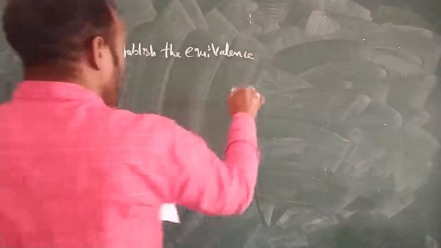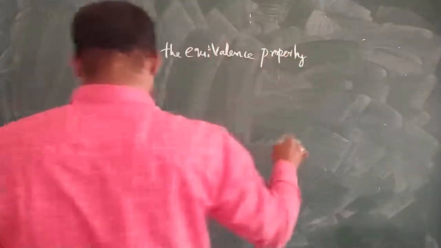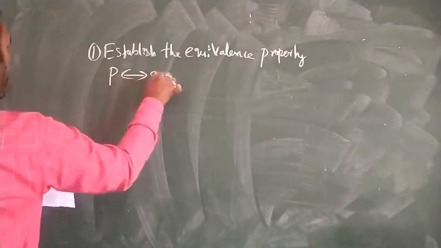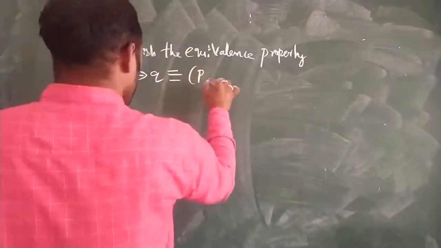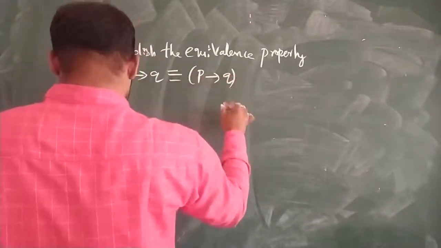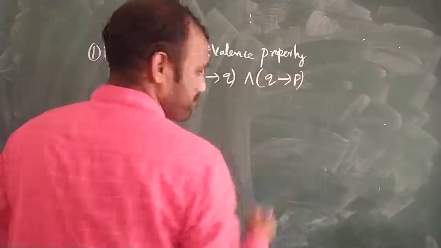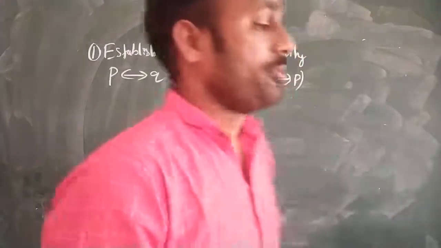Establish the equivalence property. P biconditional Q is equivalent to P conditional Q and Q conditional P. See now here.